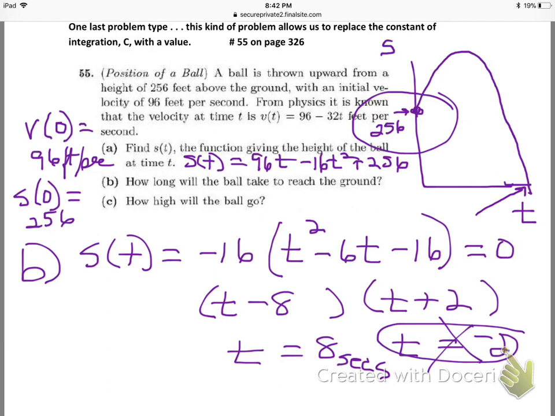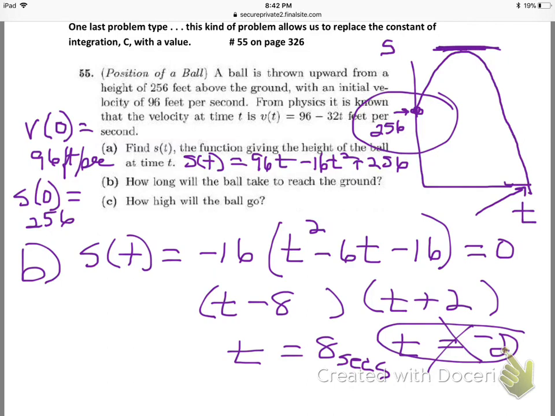Okay, the next thing they want to know is how high will the ball go? So you have some options here. You want to look at this figure and realize, oh wait, this top right here has a slope of 0. The slope function is your v of t.